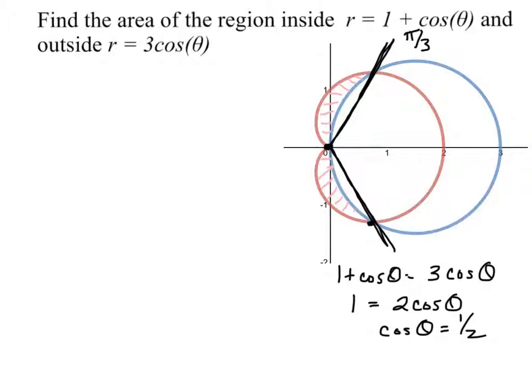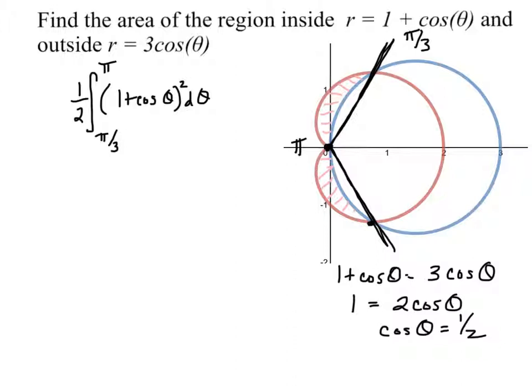Now, this spot right here is going to be, for at least the dimpled limacon, pi. So if I integrated my dimpled limacon, let me do that, 1/2 the integral from pi over 3 to pi of (1 plus cosine theta) squared d theta.